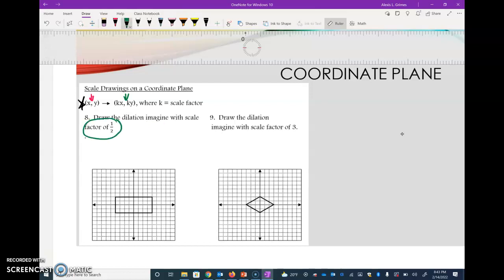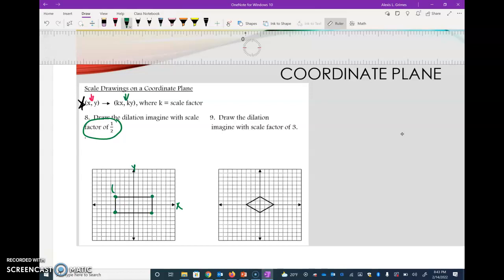So factor of 1/2, it means we are finding all these points that we have on our graph, and we're changing them by a factor of 1/2. It means we're cutting this whole shape, we're making it half the size it used to be. So I'm gonna write down my coordinates first. Remember, we go across the x and then across the y. So 1, 2, 3, 4, 1, 2.